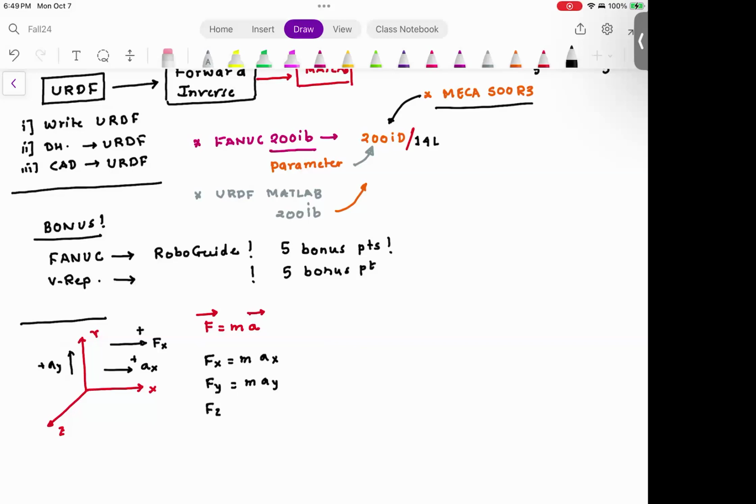You can have forces in the z direction, and acceleration in the z direction. Mass is a scalar quantity. It's just a number. It's going to remain constant. But Fx, ax, Fy, ay, Fz, az could be positive or negative. Everyone understood this? Okay. So this is called Newton's second law.